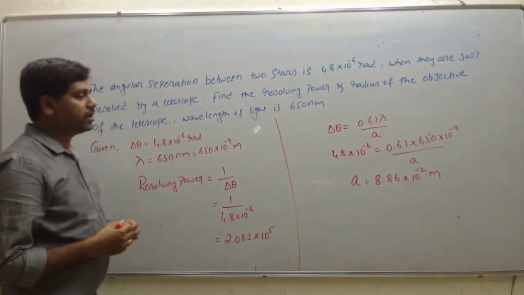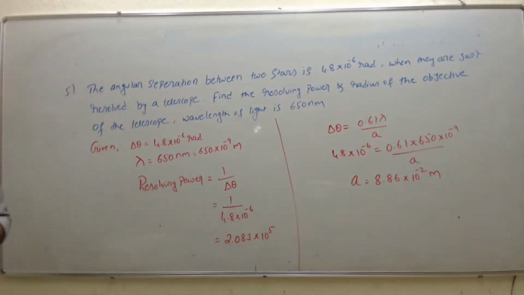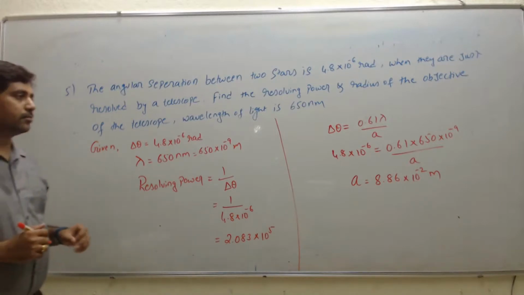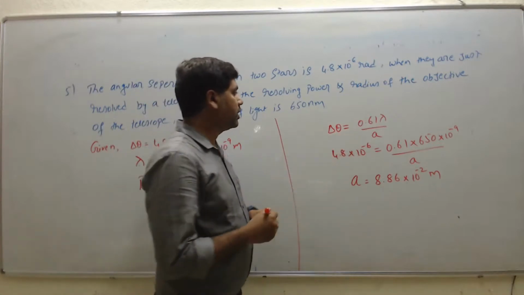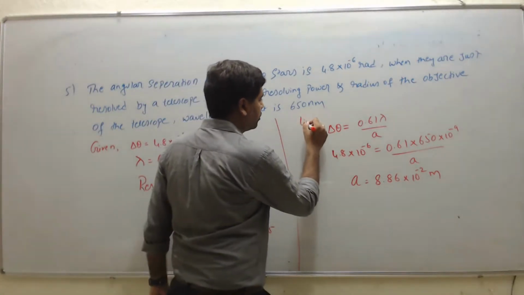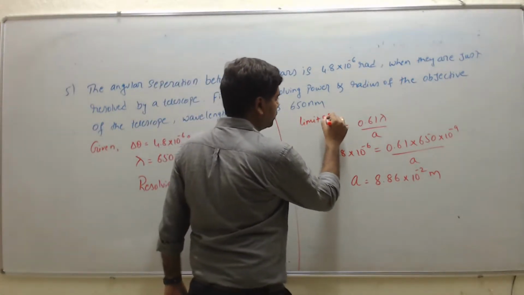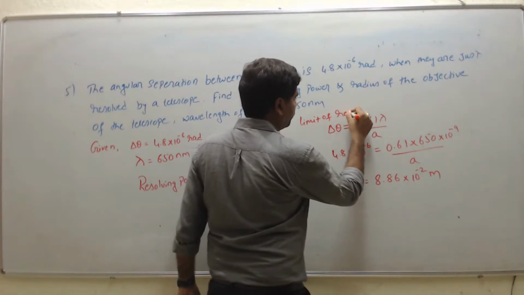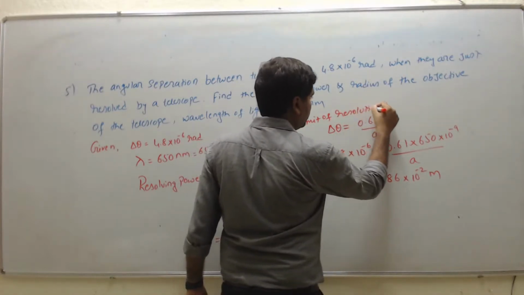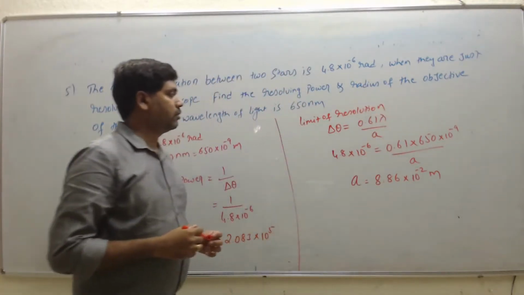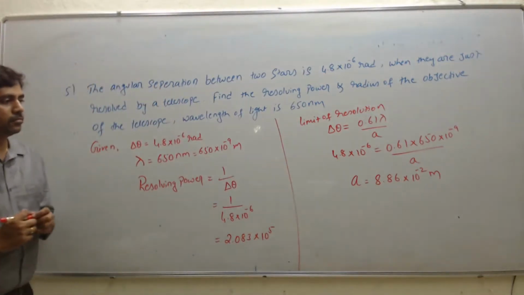Then we get the A value equals 8.86 into 10 to the power of minus 2 meter. So this is the formula for the limit of resolution, not for resolving power. Right?